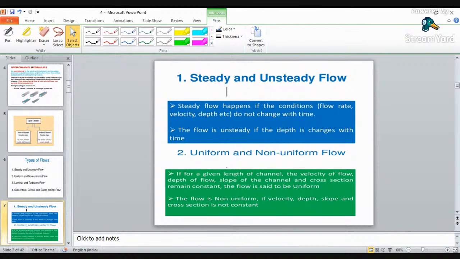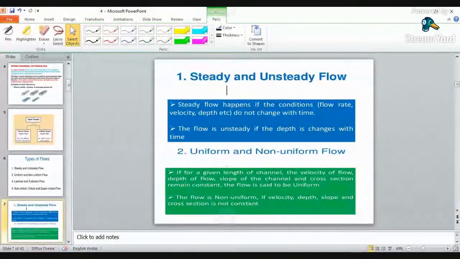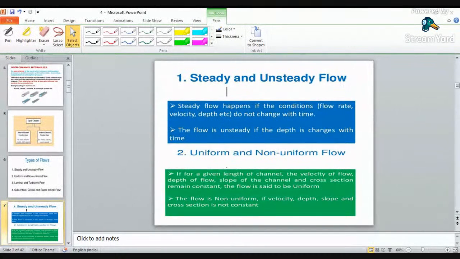But for a non-uniform section, dy by dx is not equal to 0. That is, the depth will change with respect to length. Okay.